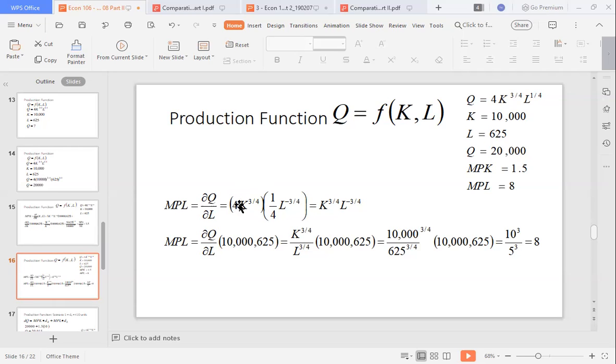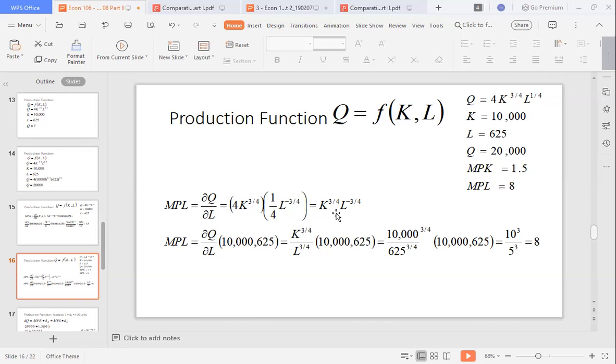So the first thing that we did was, again, using the production function, that's 1/4 times 4. And then, owing also to the rules of differentiation, that's n minus 1, so that's 1/4 minus 1. And so you have MPL here.